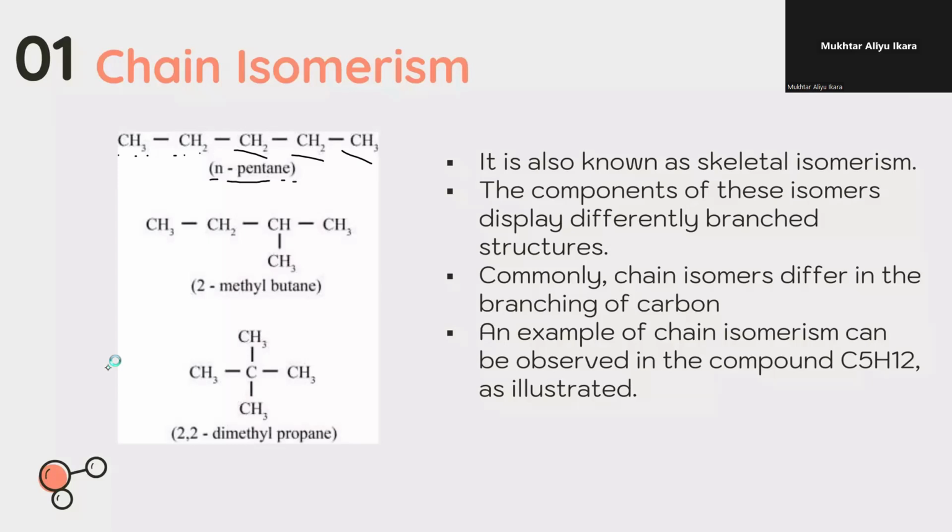If you go down, we see that we have 2-methylbutane, because we have one methyl group attached as a branch. So you see 1, 2, 3, 4, 5: the same number of carbon and also the same number of hydrogen atoms, but there is a different arrangement. Commonly, chain isomers differ in branching of carbon.